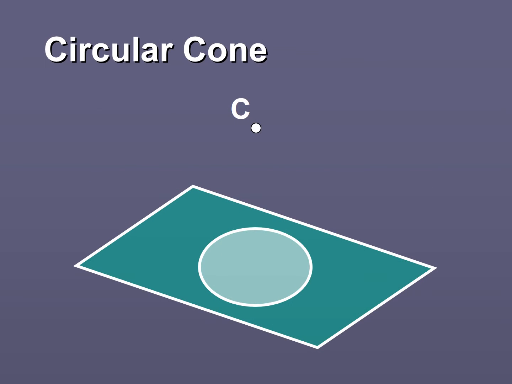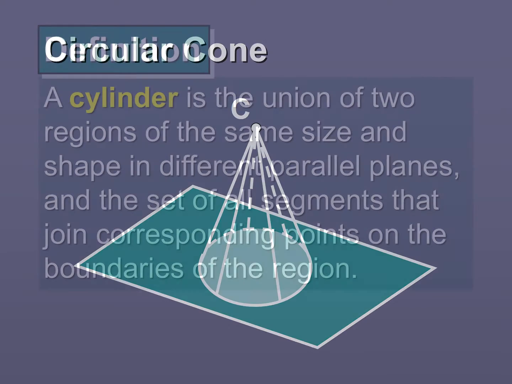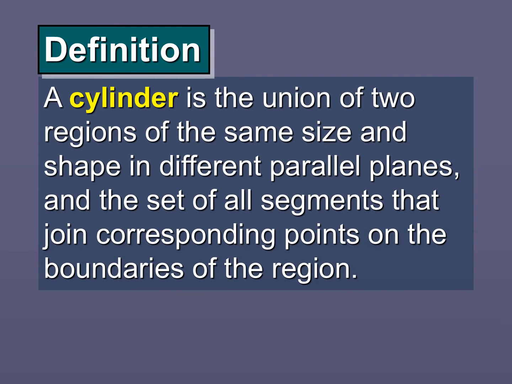Now, if our region was a circle, we get what's called a circular cone. And then we have something called a cylinder. A cylinder is the union of two regions of the same size and shape in parallel planes, and the set of all the segments that join corresponding points on the boundaries of those regions.